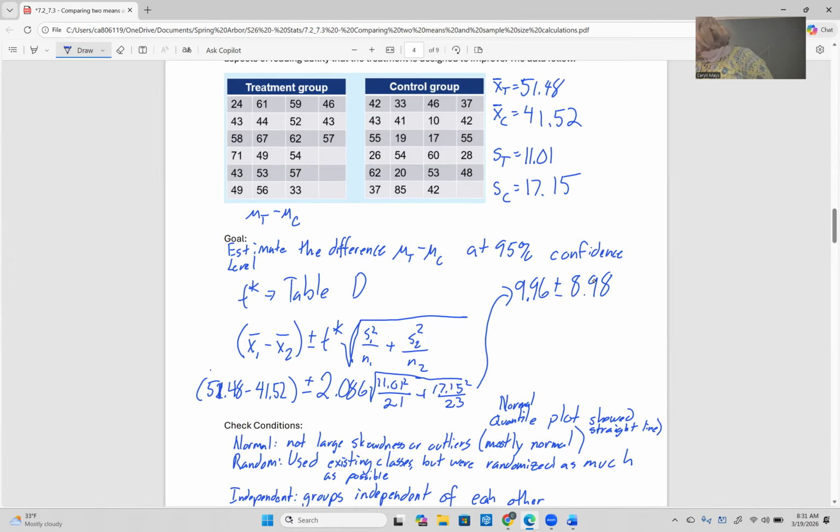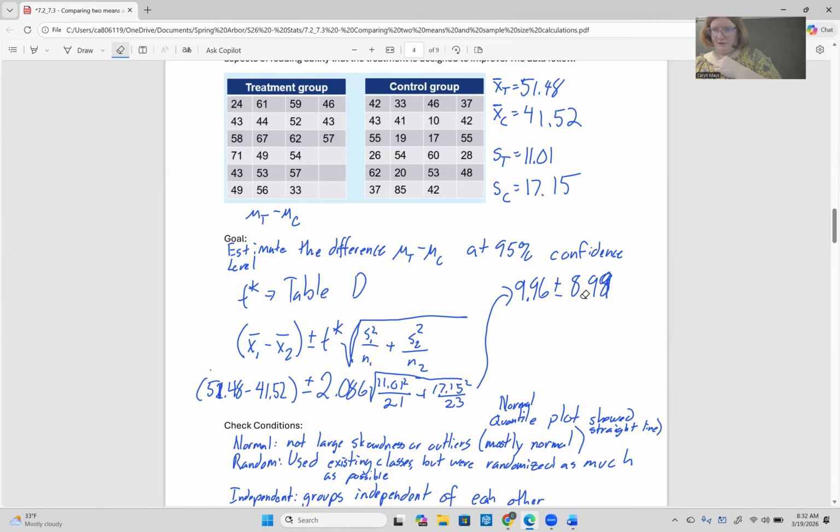So we estimate there's a difference of 9.96 points. I don't think it told us if it was out of 100 or not. Plus or minus this 8.98.